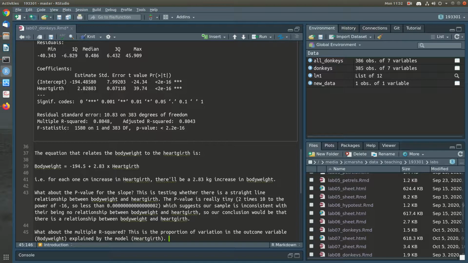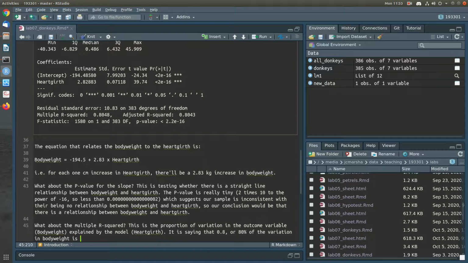So what it's saying is that 0.8 or 80% of the variation in body weight is explained once we know what the heart girth is.